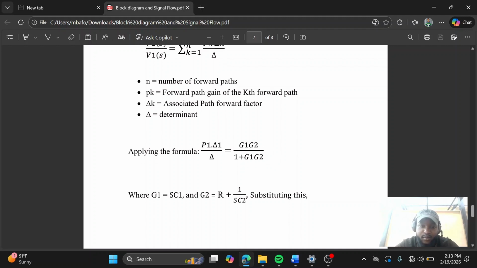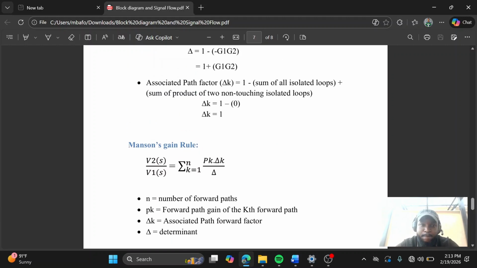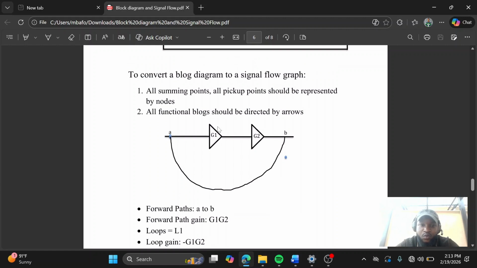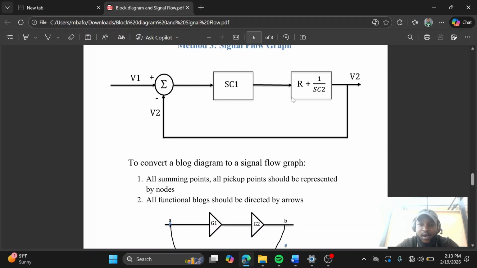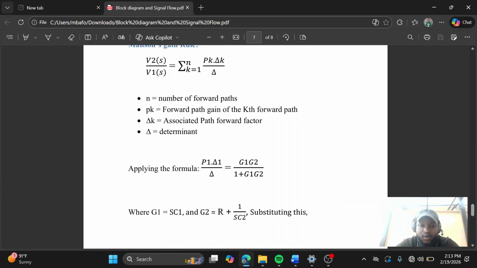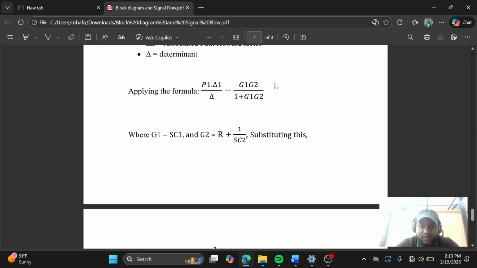So we go back to the main circuit. Here, G1 is represented by SC1 and G2 is represented by R plus 1 over SC2. So we do our substitution and place it in this formula.